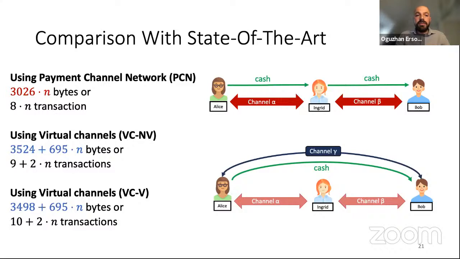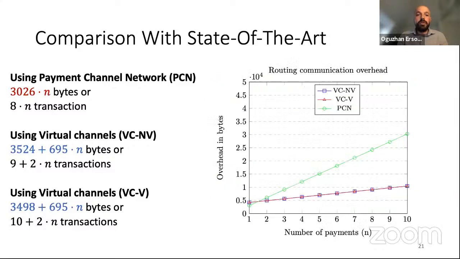And each payment again requires around 3,000 bytes of message exchange, whereas for our virtual channel constructions, in addition to our initial creation of the virtual channel and the closure, which are only one-time cost, each update requires only 2 transactions and around 700 bytes of communication cost.